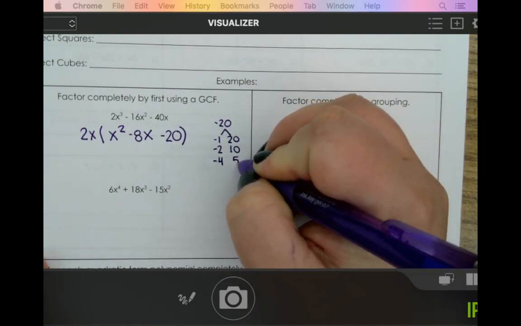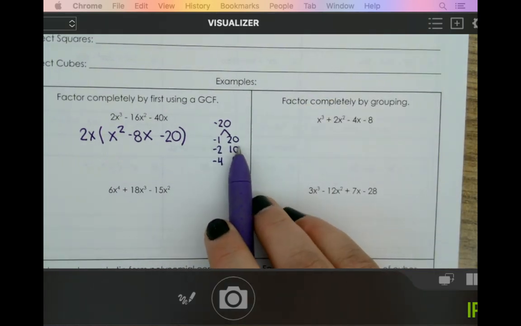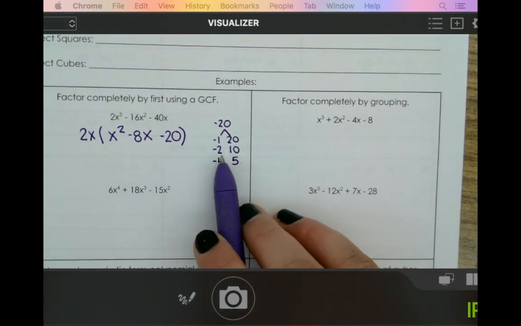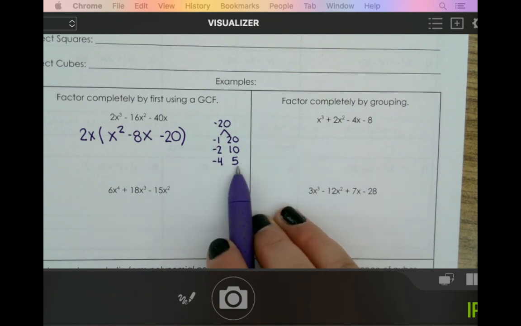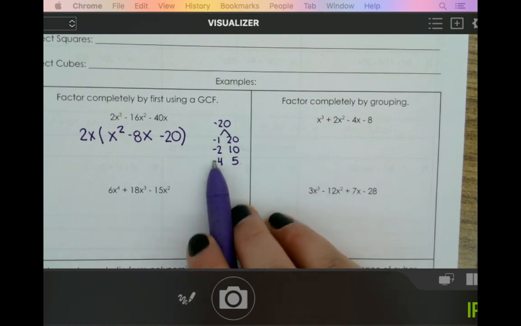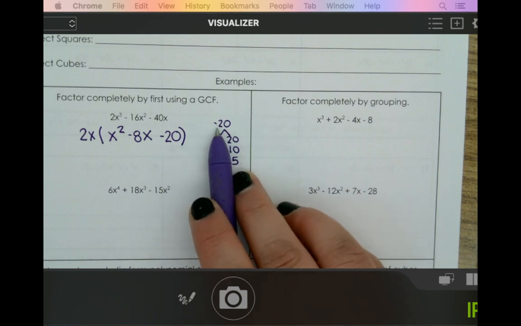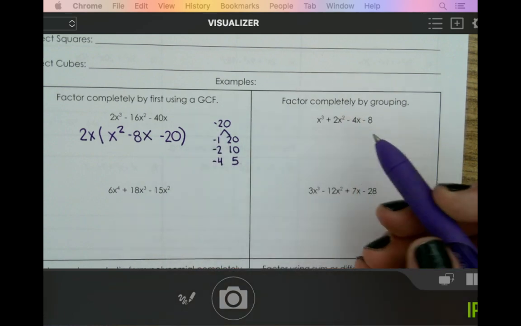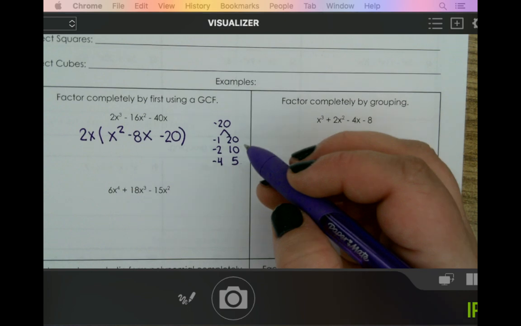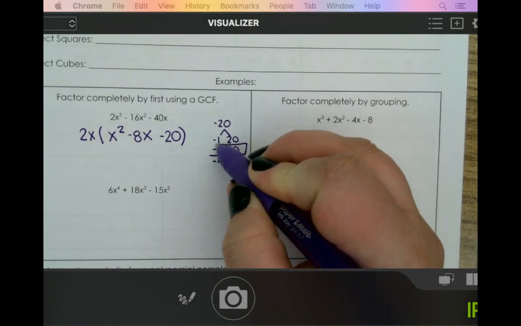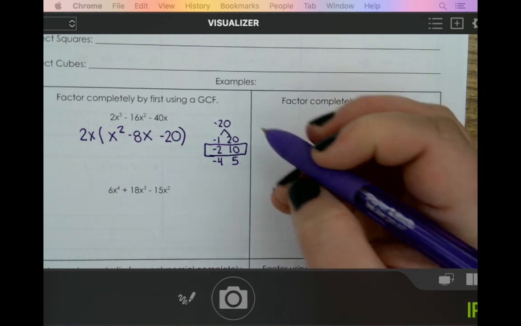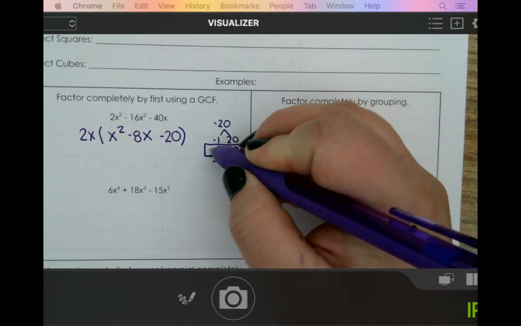So I'm going to pick 1 and 20, 2 and 10, 3 doesn't go into 20, 4 does 5 times. And notice how I made one of them negative because it multiplies to -20. And I want to pick the ones that add to -8. None of them add to -8 right now, but this one adds to 8. All that means is I want the negative to go on the 10 instead of the 2.